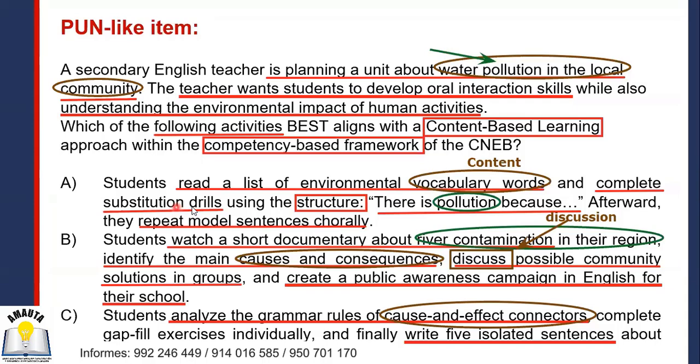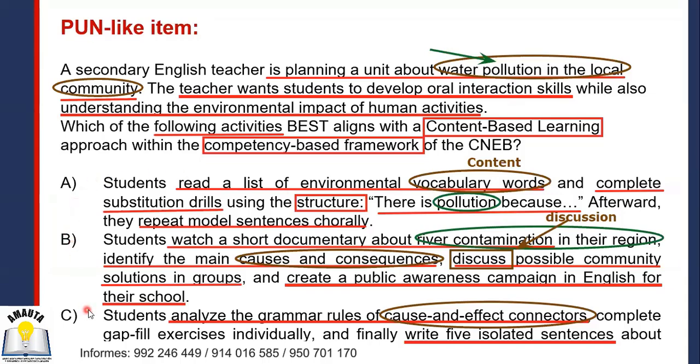It's a very controlled practice, and the focus is not to develop these interaction skills. Maybe this is about pollution. The topic is quite similar, but it's more like a grammar practice. They are not using the language.